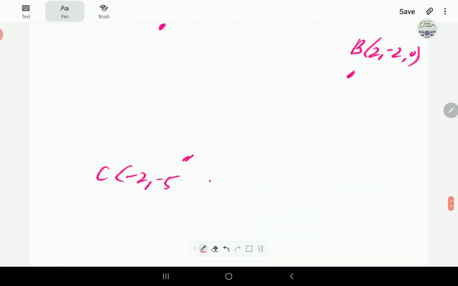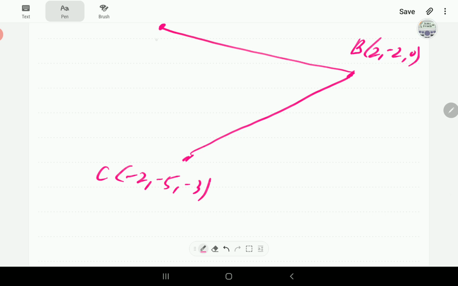So this is the triangle for which we want to find the area.